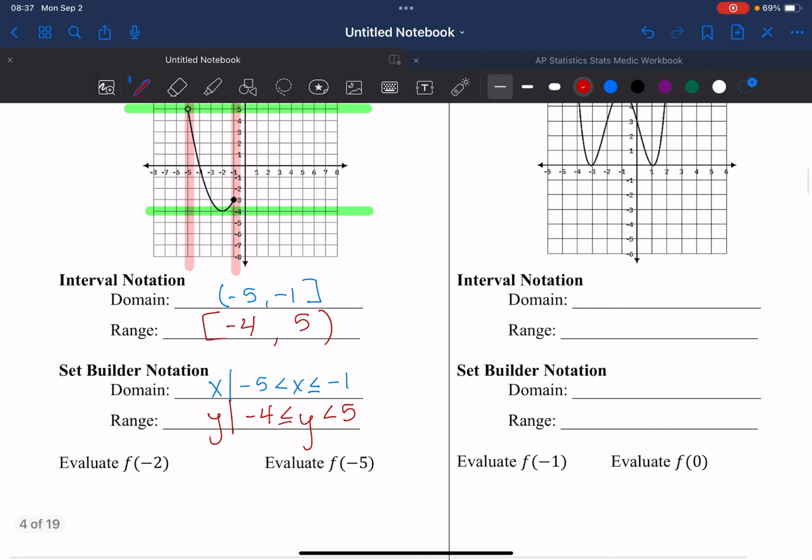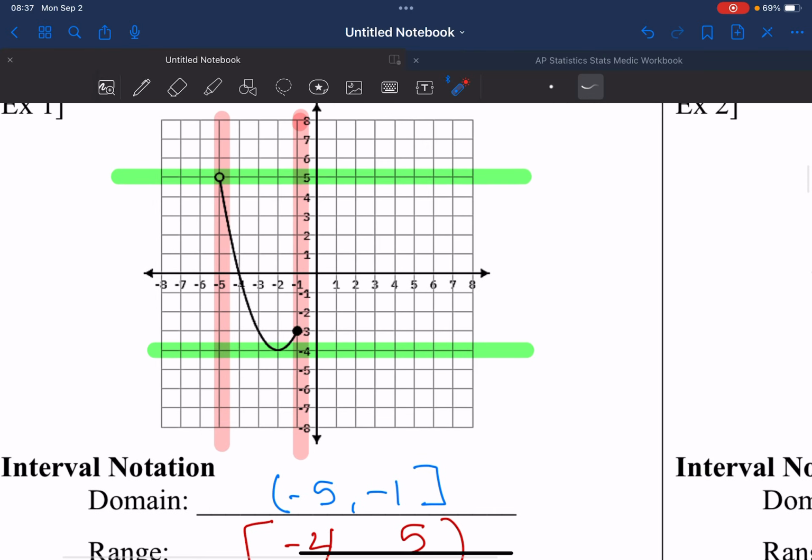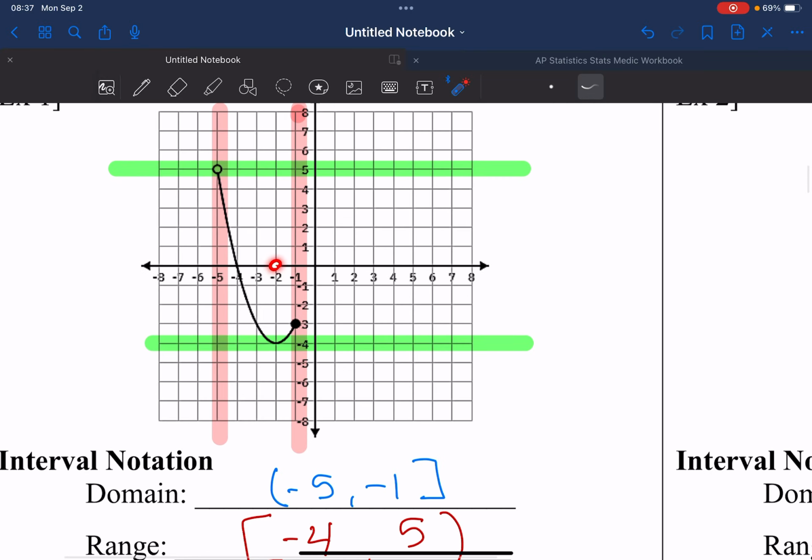So this first one is f of -2. That means that -2 is an x value. So we need to find that x value of -2 on the graph. If I look at the graph, -2 on my x value is right here. Now I need to go either up or down to hit my graph.